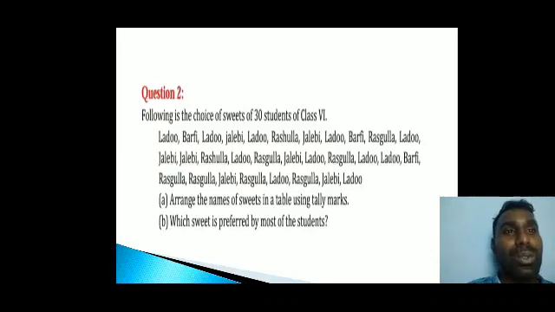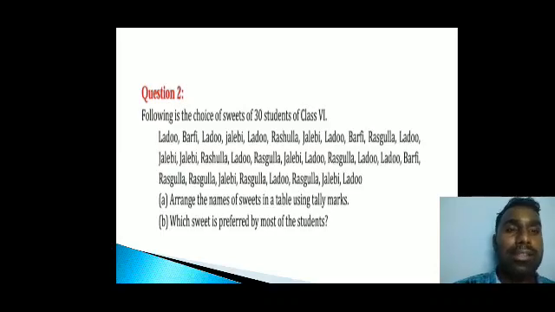Okay, so that you have to read first. These are the choices of sweets of 30 students, so totally 30 students. They gave some list, and out of that we have to pick one.